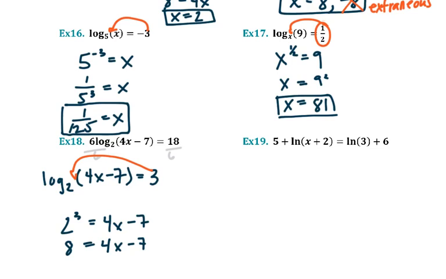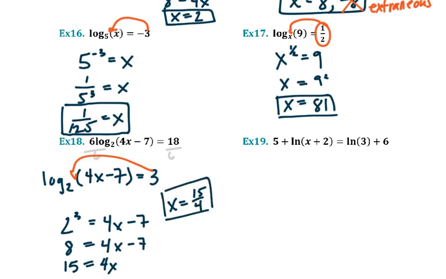I'll add 7 to both sides. That gives me 15 equals 4x. And then dividing by 4, I'll get x equals 15 over 4.